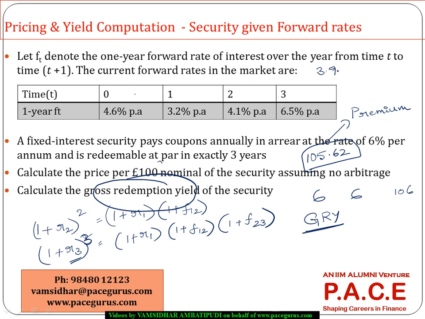If I want to find the overall yield for my investment, I can directly find the IRR of the investment, which tells me that in this case 3.97% is the IRR, or the gross redemption yield. So you should be comfortable computing the pricing as well as the gross redemption yield in case the information about the spot rates or the forward rates is available to you. Alright.